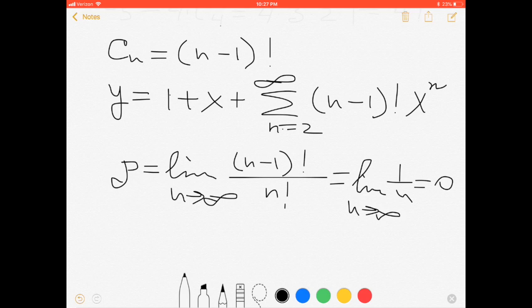This means this differential equation has only the trivial solution because this series converges only for x equal to 0. Okay. Great. Doing some more examples.